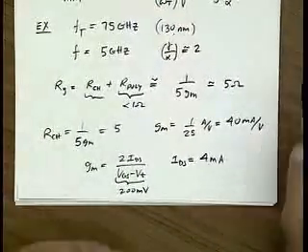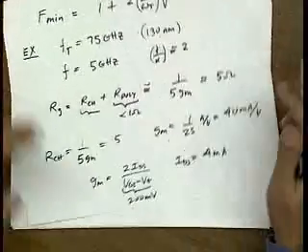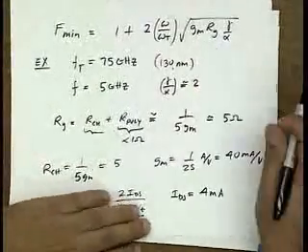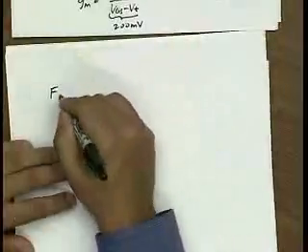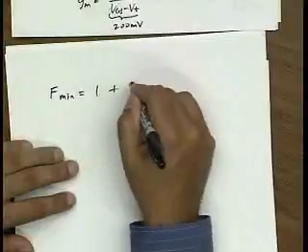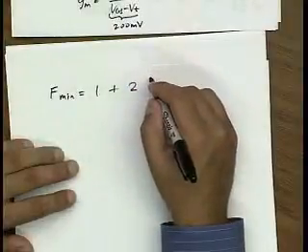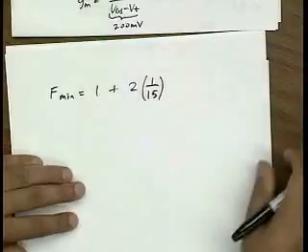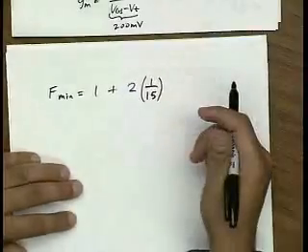So now I know GM. I know RG. I know this, so I can calculate F min. So let's do it. F min is 1 plus 2 times omega over omega t, which is 1 over 15. I'm operating at 5 gigahertz and my process is 75 gigahertz.